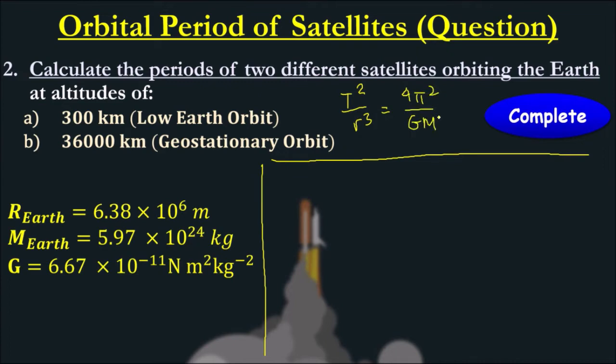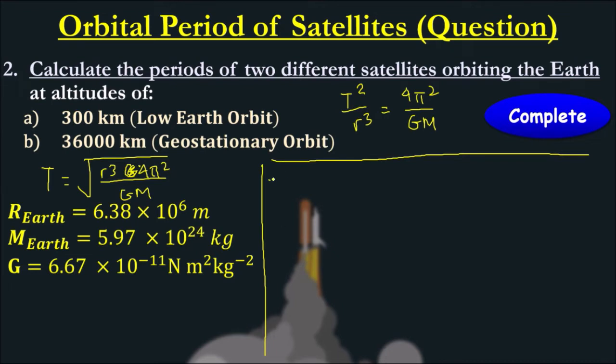If I rearrange my equation, it'll look like this. r cubed is obviously the distance, 4 pi squared is a constant, G is a constant, M is the mass of Earth.